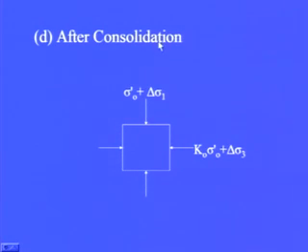After the consolidation process is over, this will become sigma 0 dash plus delta sigma 1, and K naught sigma 0 dash plus delta sigma 3.